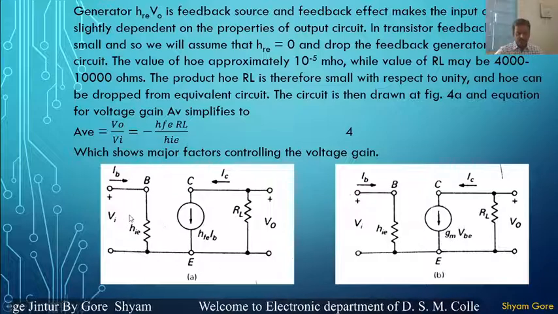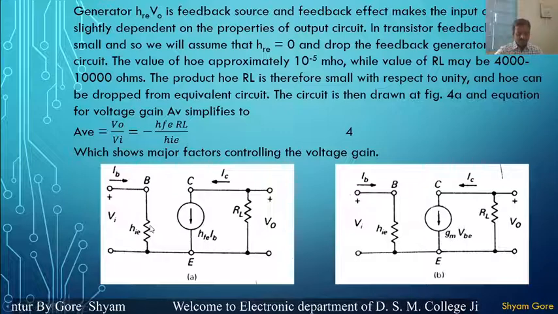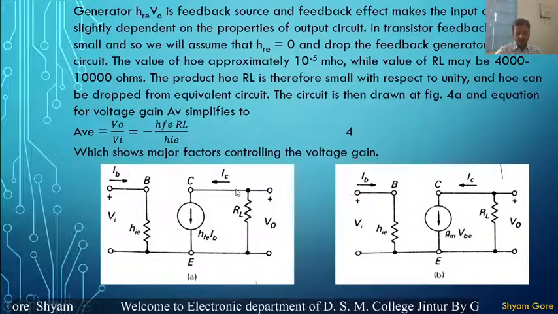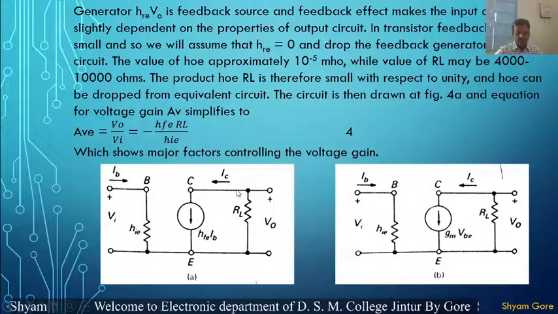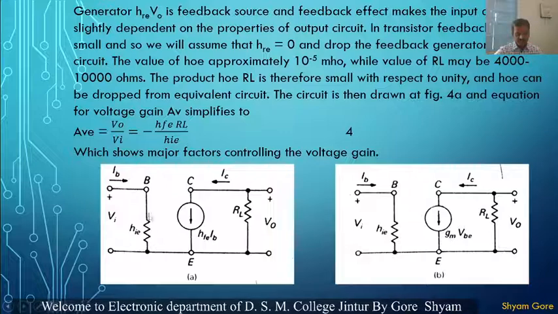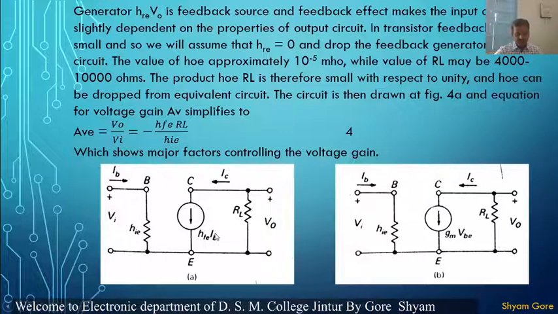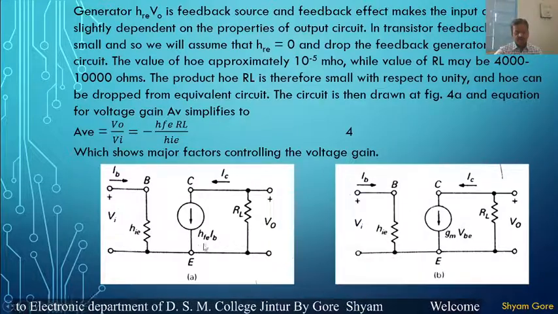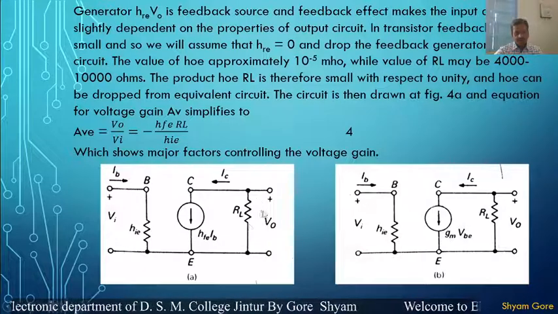Here we drop the HOE and also the HRE. Therefore, the equivalent circuit has HIE, that is the input impedance, and HFE into IB, which is nothing but the current gain, and this is the load resistance.